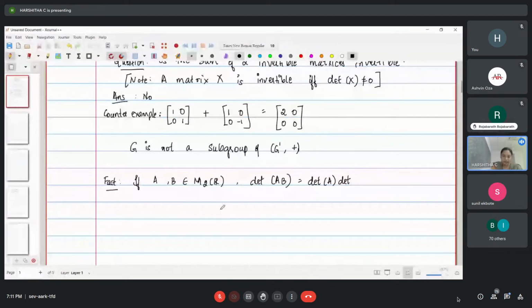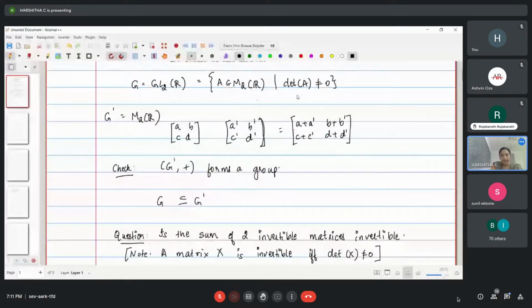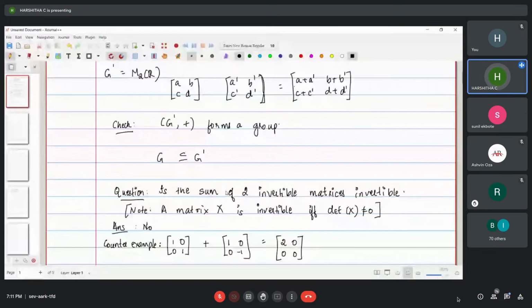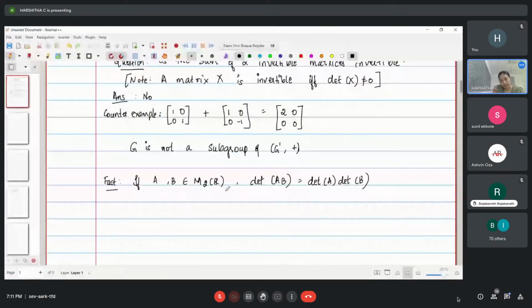Now if you look at the set GL2 that we took, it is all matrices whose determinant is non-zero, right? Now if you take any two matrices in this set, let A, B belong to GL2R. What does that mean? Determinant of A is not equal to 0 and determinant of B is also not equal to 0.